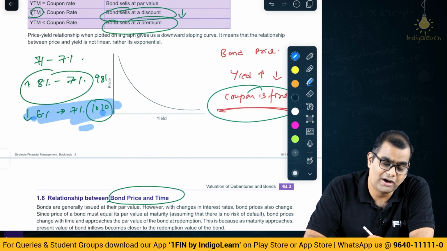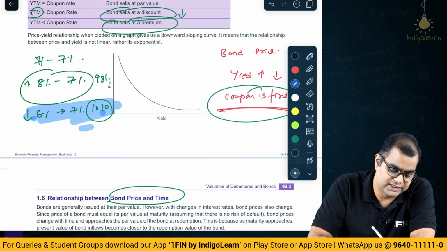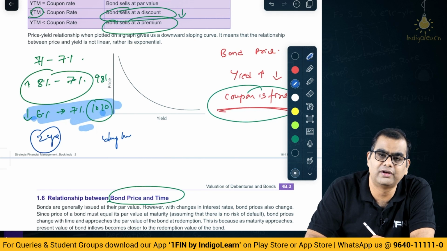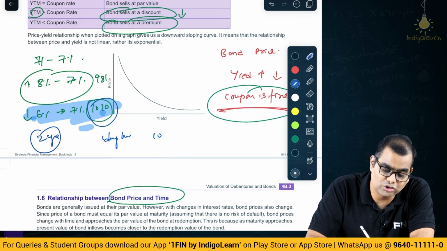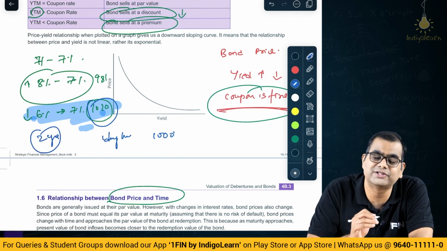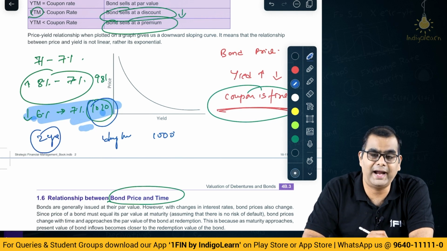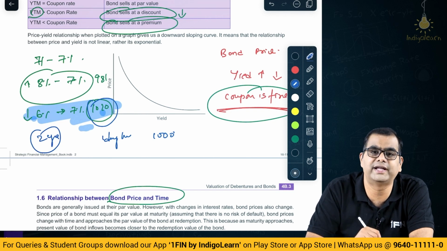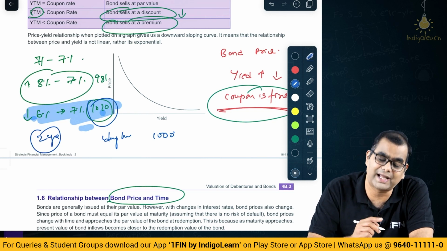But on the last day, this is 2 years before, but just 1 day before maturity, will bond price be 1020? Bond price will be close to 1000. Why? Because 1000 is the money that you are going to get. And this higher or lower interest rate does not have an impact for the last 1 day. It will have an impact when the time is high.